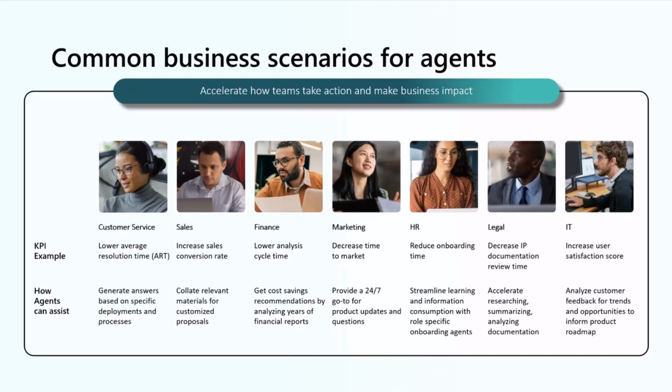Really great example. Another is sales: increasing sales conversion rates and making it more efficient to compare between sales engagements, financial engagements, and marketing engagements. From a marketing perspective, for example, this week I've been planning some upcoming live streams on YouTube and brainstorming that together with Copilot 365, which is incredibly powerful.